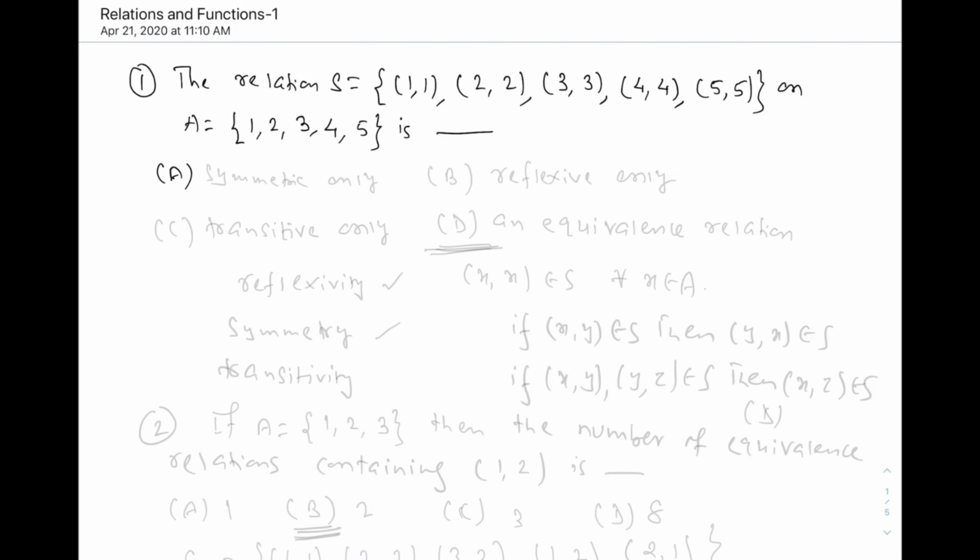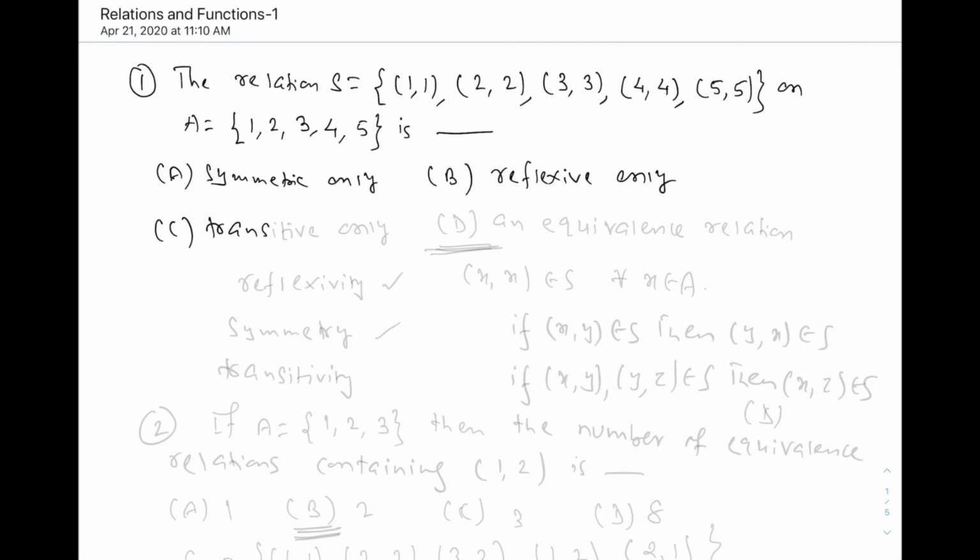The options are: symmetric only, then second option, reflexive only. Now "only" means if it is reflexive only, then it should not be symmetric or transitive, okay?